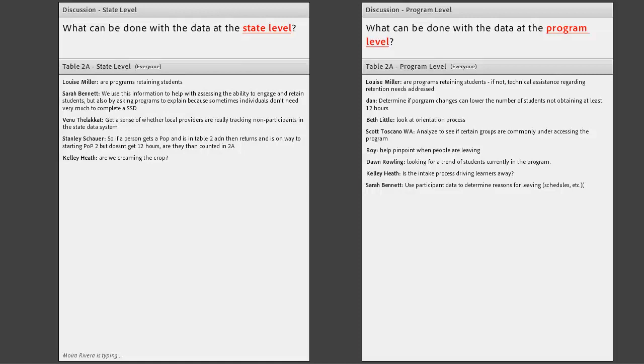For program level, also retaining students and how to provide technical assistance and address the issue of retention, looking at the orientation process, trends of students currently in the program, the role the intake process has.